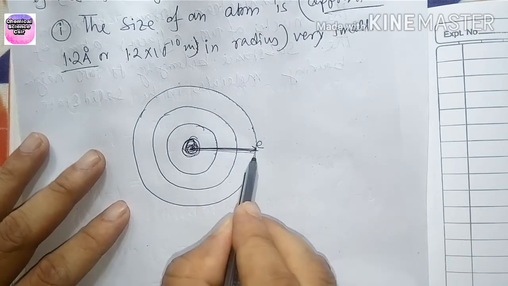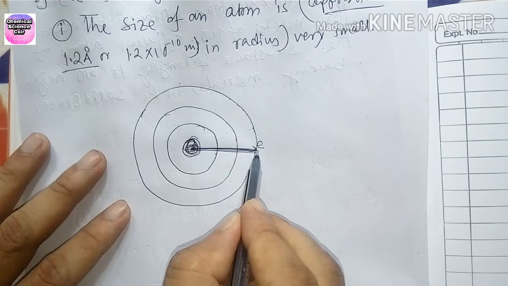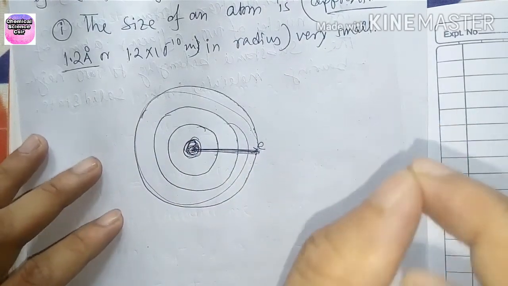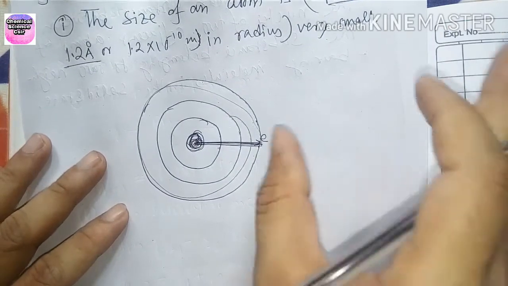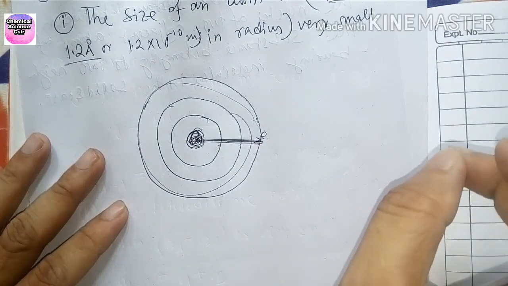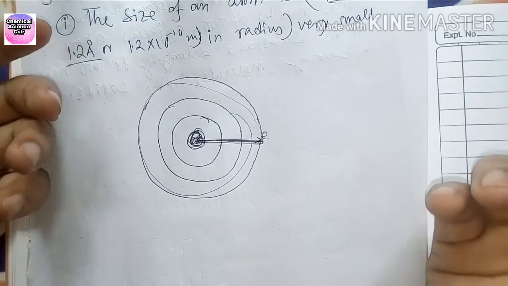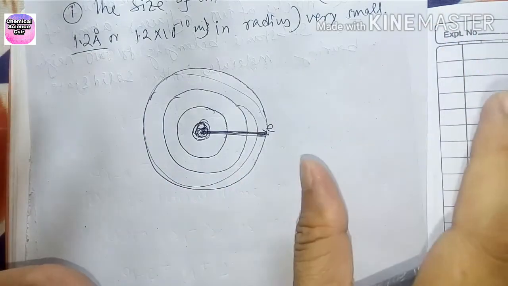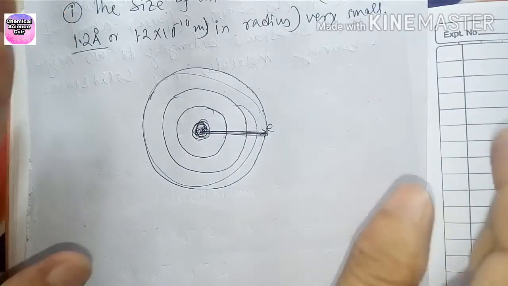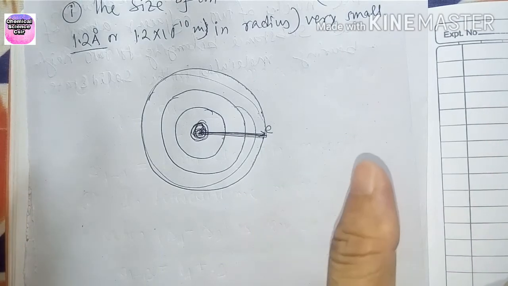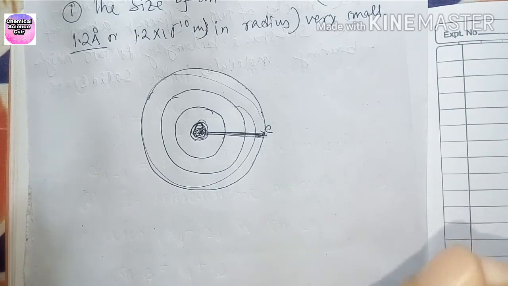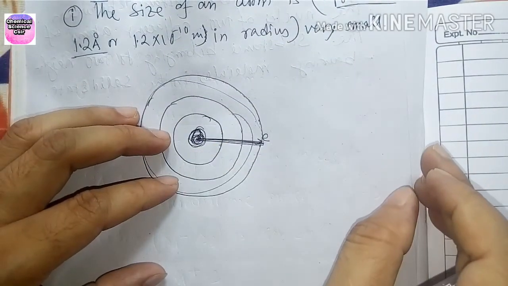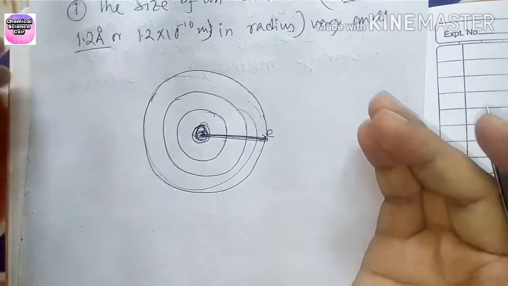So a well-defined boundary is not actually there. This is the second reason.